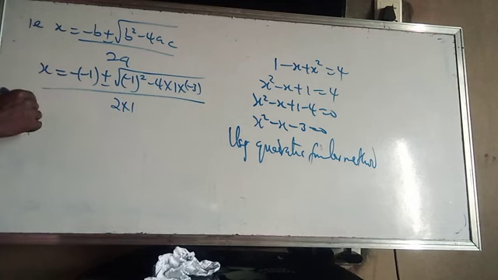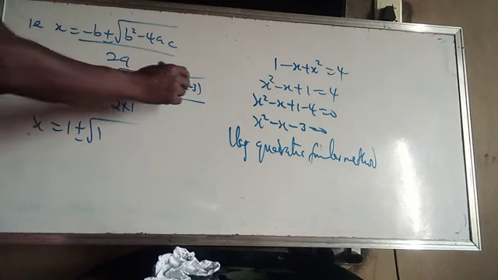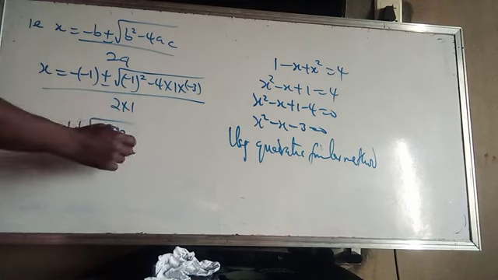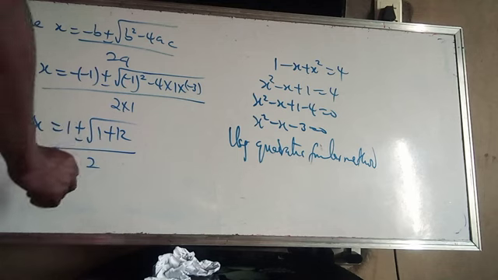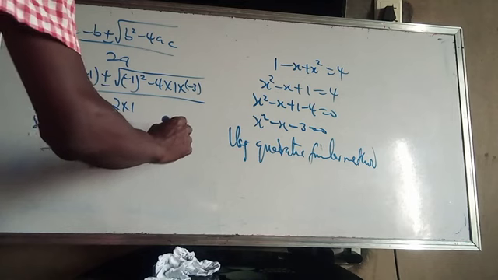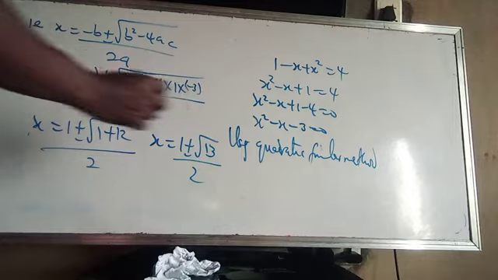So that will be x equals 1 plus or minus square root of 1 plus 12 all over 2. So x will be equal to 1 plus or minus root 13 all over 2.